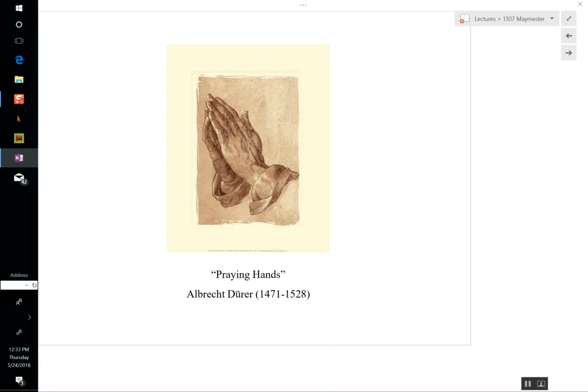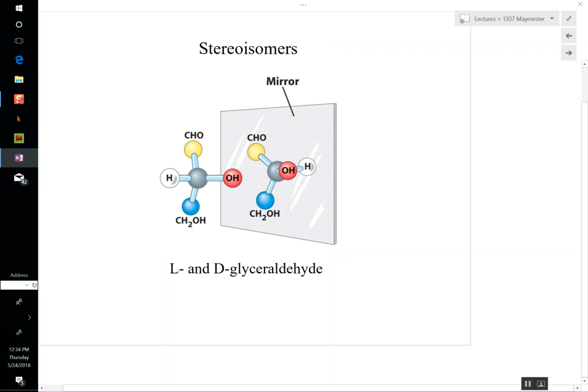You see that they're the reflection of one another, like the hands are reflections of one another. They're mirror images. Now I make a big deal out of this because when you first looked at these, you say, they look the same. If we had chemicals like this and took them in the laboratory, they would react the same. There'd be no difference in the way they reacted.